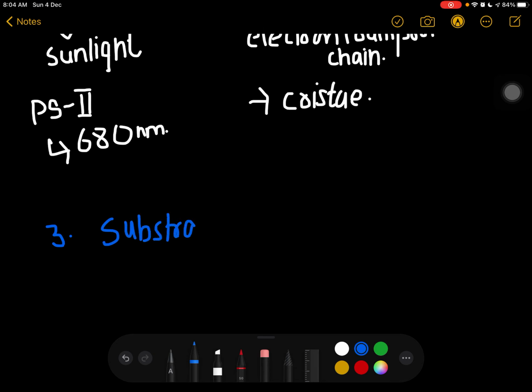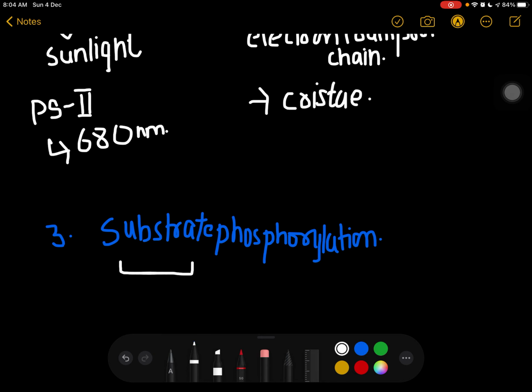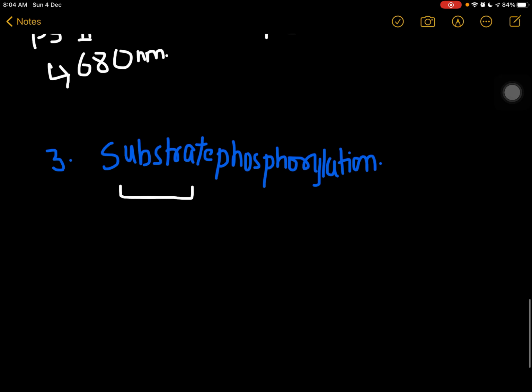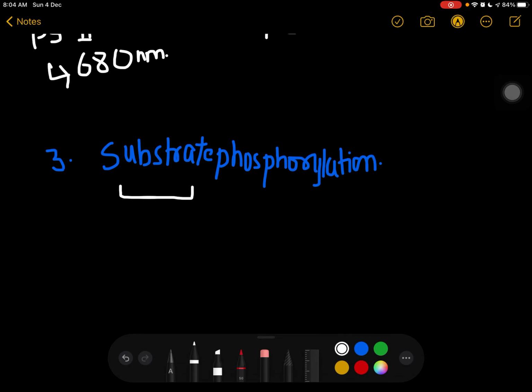Substrate phosphorylation. Okay, what is substrate now? Basically, for substrate you should know some basic concept of enzyme.